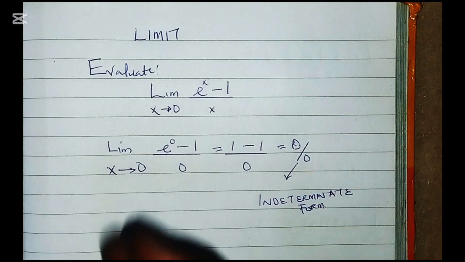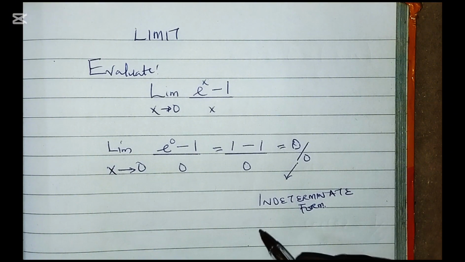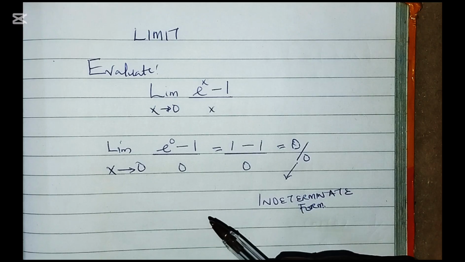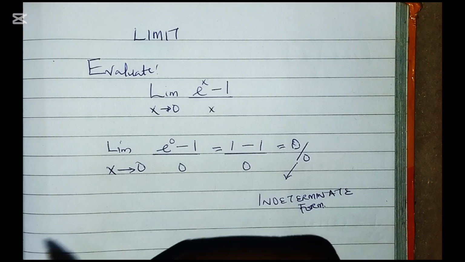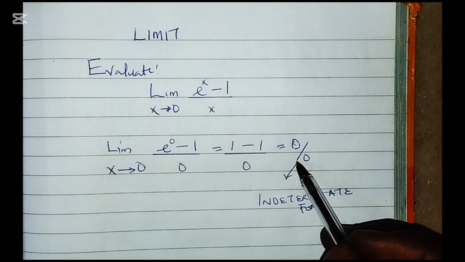After we experience this, what we do next is look for an alternative, and one of the alternatives is L'Hopital's rule. You are only allowed to use L'Hopital's rule whenever you get the indeterminate form.